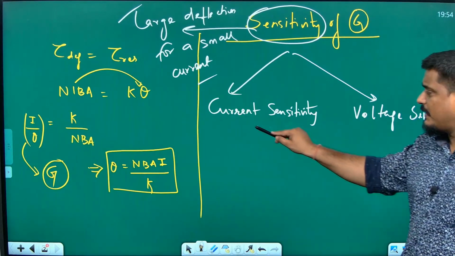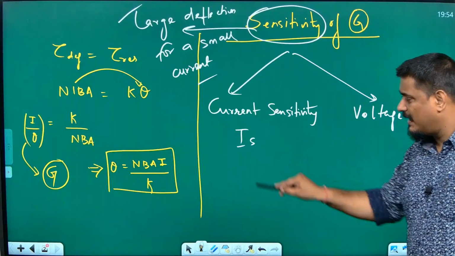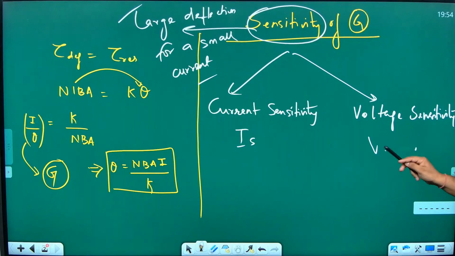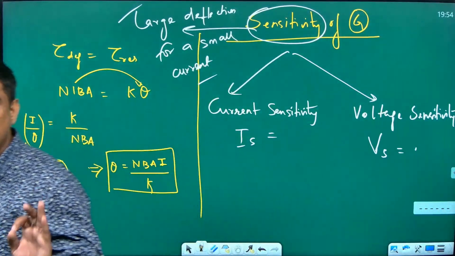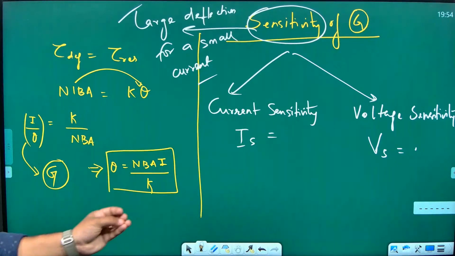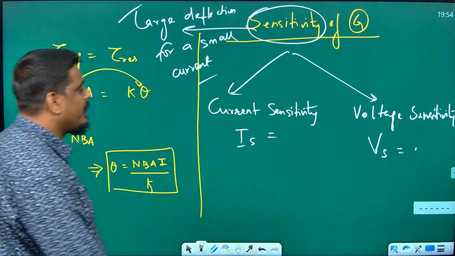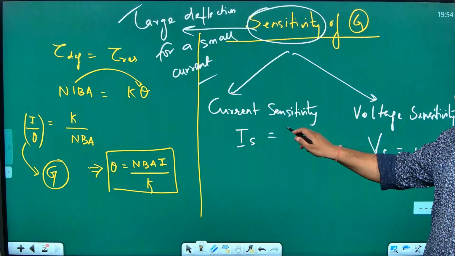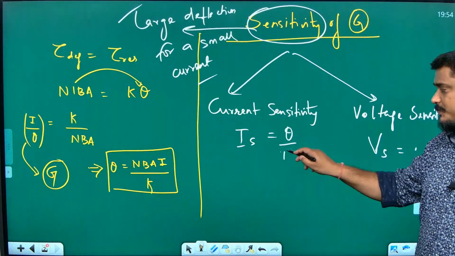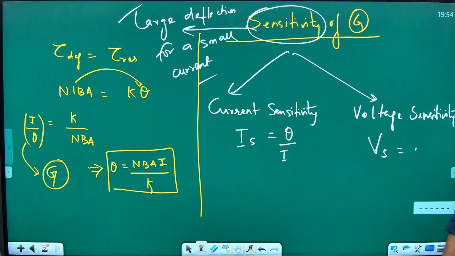Current sensitivity is given by the letter IS and voltage sensitivity is given by the letter VS. Now what is current sensitivity and what is voltage sensitivity? Please everybody listen, understand. I will give time for copying. Don't waste time in that now. Current sensitivity is defined as deflection per unit current. Same way, voltage sensitivity is defined as deflection per unit voltage.